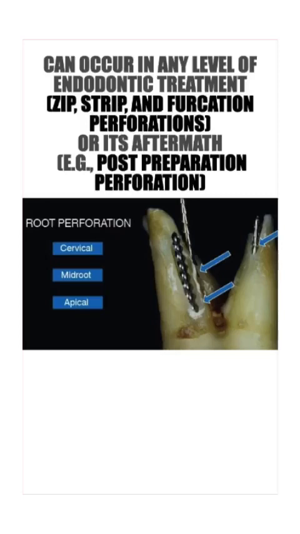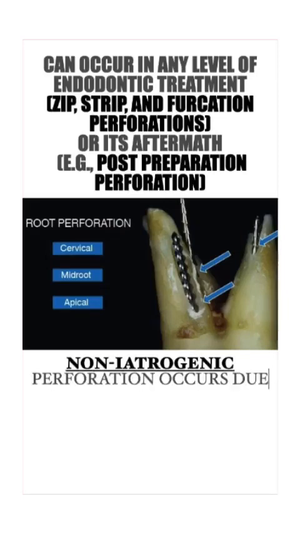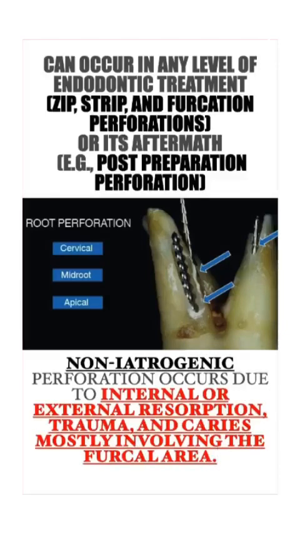It could end in a zip or a strip or a furcation perforation, or its aftermath, as an example, the post-preparation perforation. While sometimes it could happen non-iatrogenic, especially due to internal or external resorption, trauma, and caries that affect the furcation area.